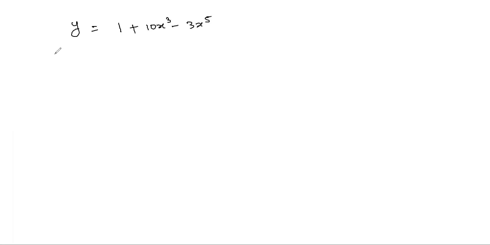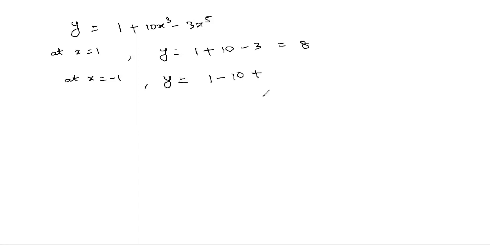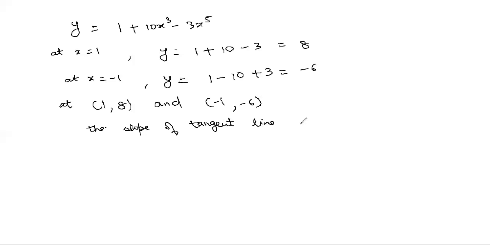So at x equals 1, the y coordinate is 1 plus 10 minus 3, which is 8, while at x equals minus 1, the y coordinate is 1 minus 10 plus 3, which is minus 6. So at the points (1, 8) and (minus 1, minus 6), the slope of the tangent line is maximum. I hope this question is clear to you.